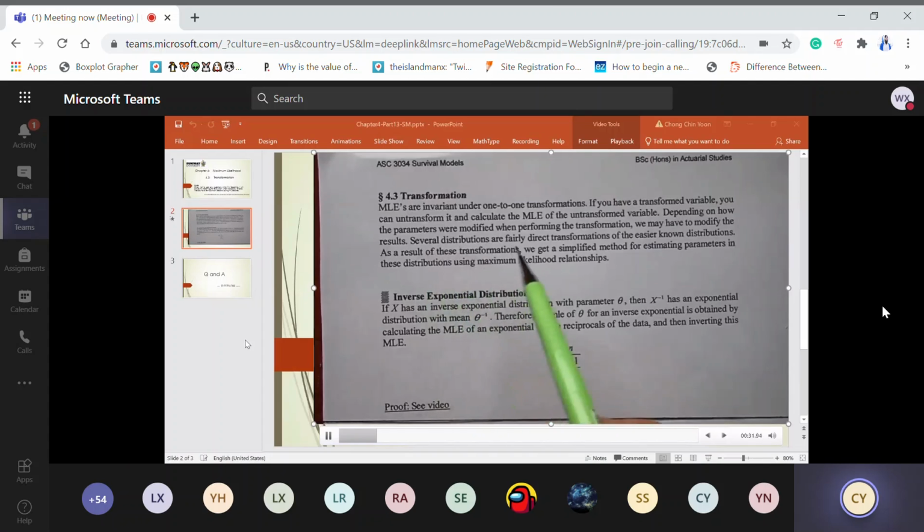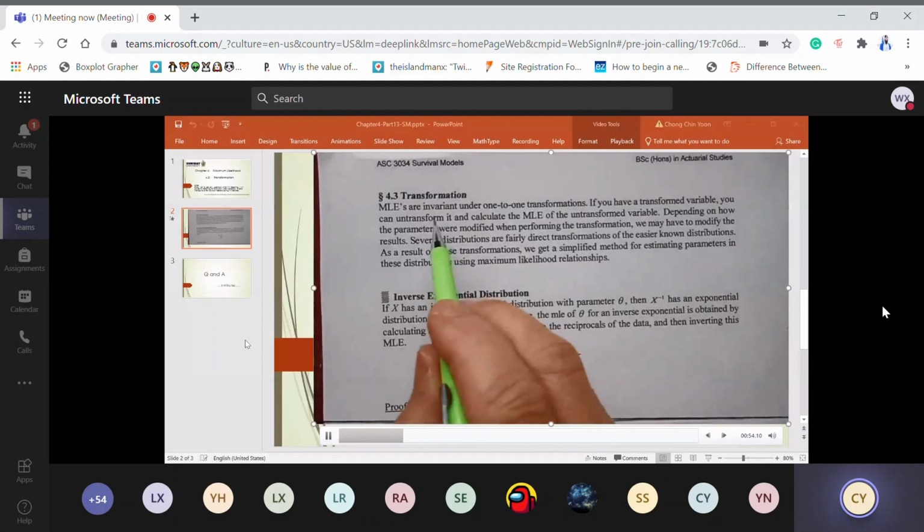Several distributions are fairly direct transformations of the easier known distribution. As a result of this transformation, we get a simplified method for estimating parameters in this distribution using maximum likelihood relationships from an exponential distribution.